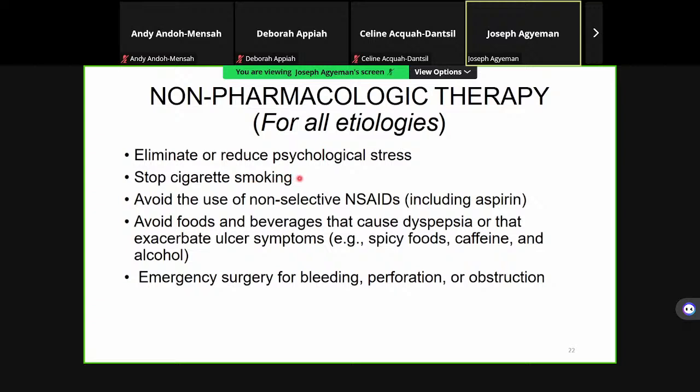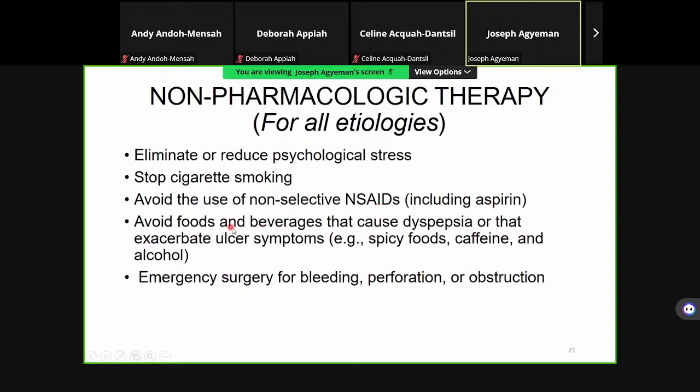It's not reduce. Stop smoking. Reduce alcohol. Stop smoking. Avoid the use of non-selective NSAIDs. If there is any COX-2 selectives, celecoxib as an example. Remember, aspirin does the same thing as NSAIDs.